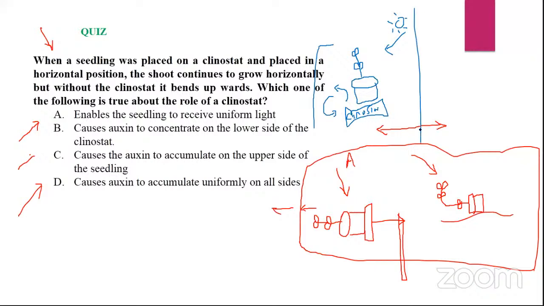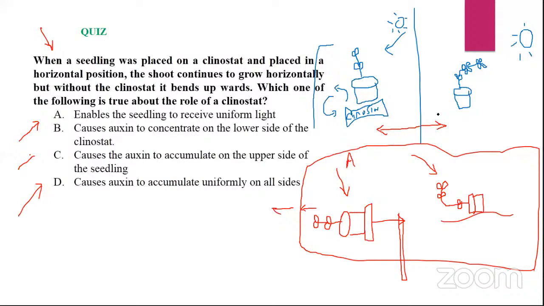On the other side, we are having this plant, and it is going to be growing towards light. It is having light coming from this side, and then it is growing towards the light.